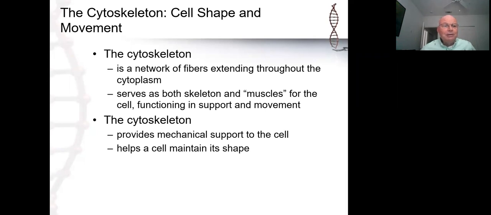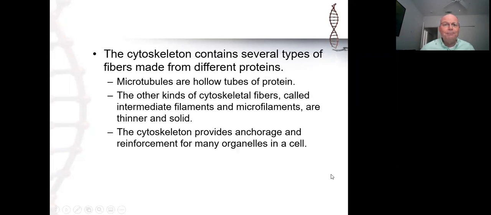And that is really important, because your muscle cells could not contract if the skeleton was rigid. It has to be flexible in order to allow muscles to contract, and it is part of the cytoskeleton that allows that to happen.